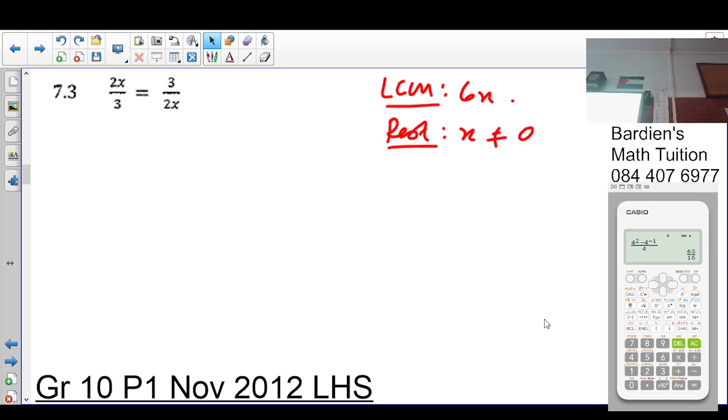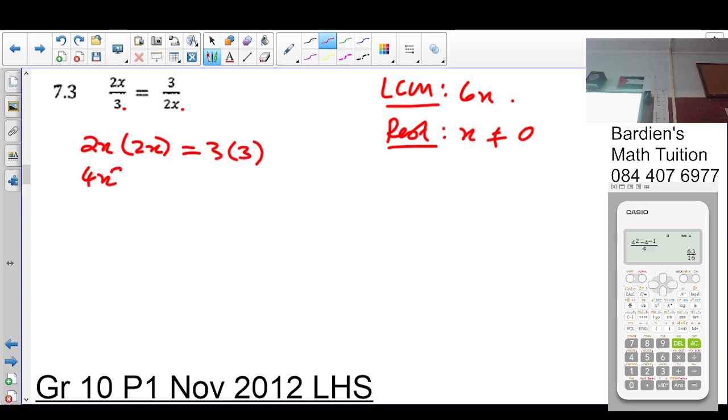So what was the first one we multiplied by? 2x. So it's 2x times 2x. It's equal to, we multiply by 3. So it's 3 by 3. So it's going to give you 4x squared is equal to? What do I do now? So 9 over.